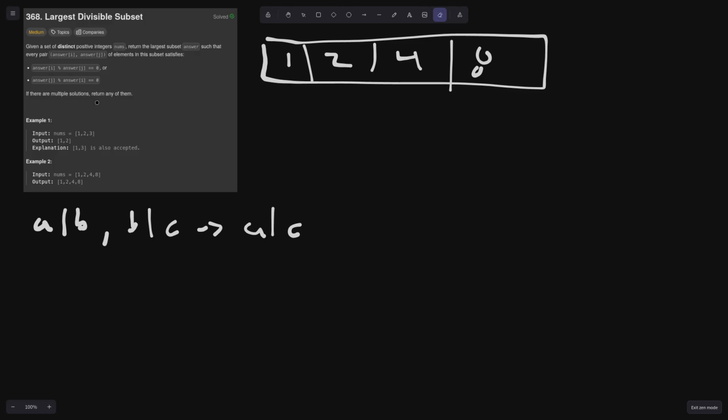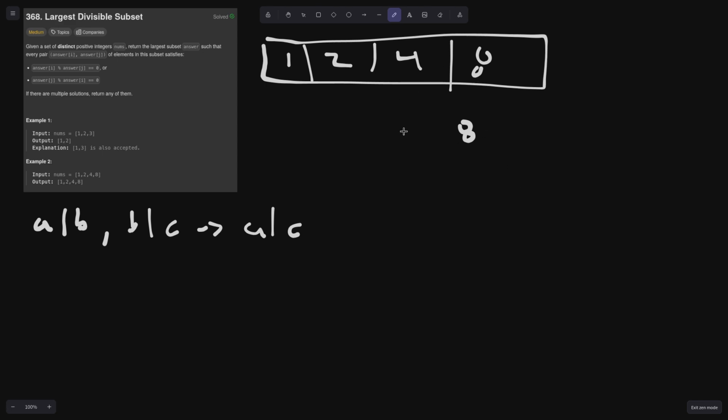So let's set up a problem this way. Assume that we're going to start with a subset of 8, and we want to find all valid subsets building off of 8. First we're going to look for anything that divides 8.